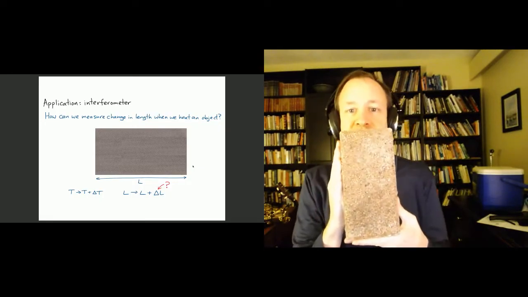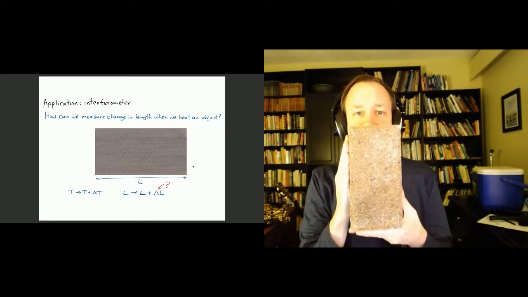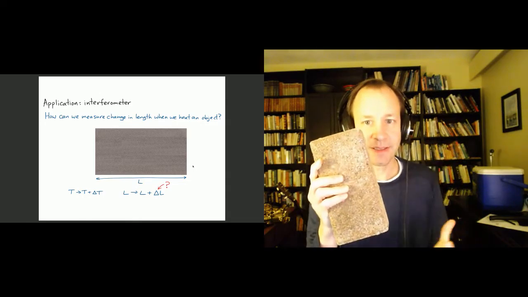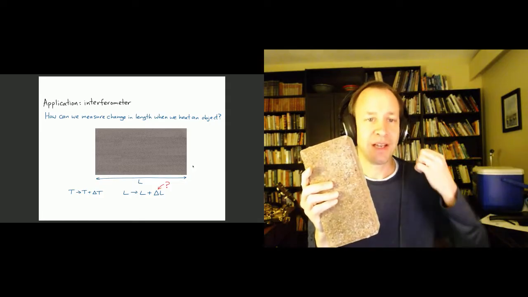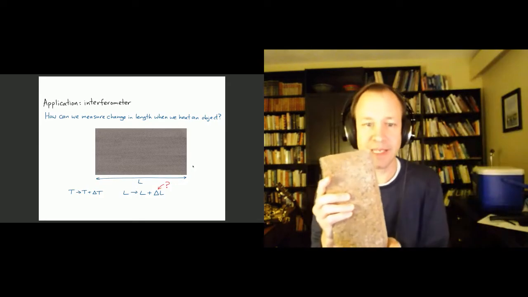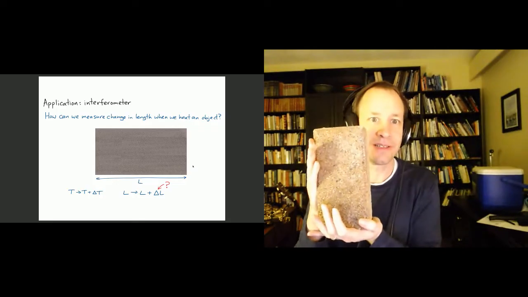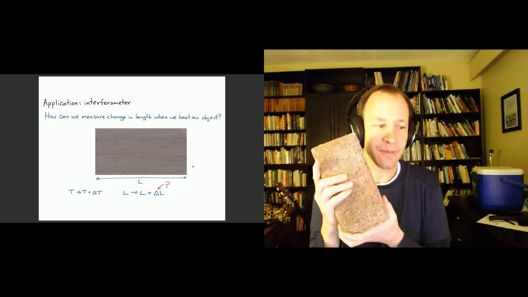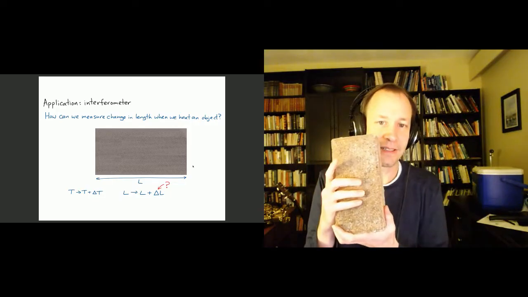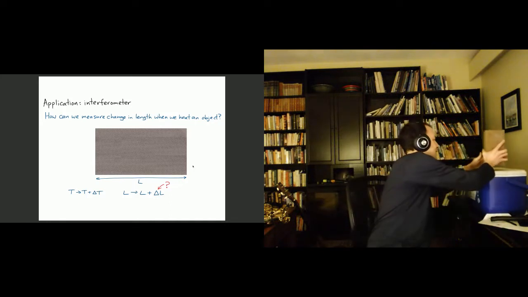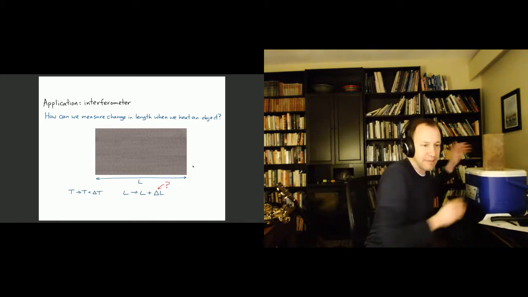And what you'd like to do is figure out, as this brick heats up, is it actually changing size? Is it getting longer? If it's getting longer, how much longer does it get if the brick heats up by 1 degree or 2 degrees or 3 degrees? Obviously this connects with something we talked about very early on in the course. And now, using our knowledge of waves, we can understand how you would actually make that measurement.